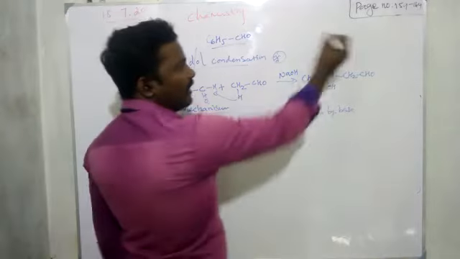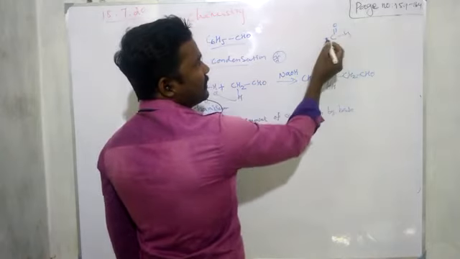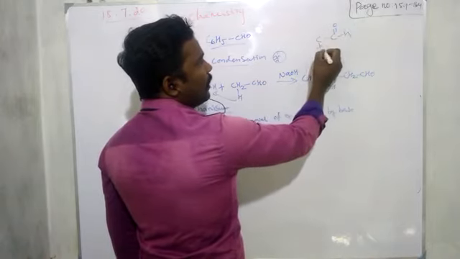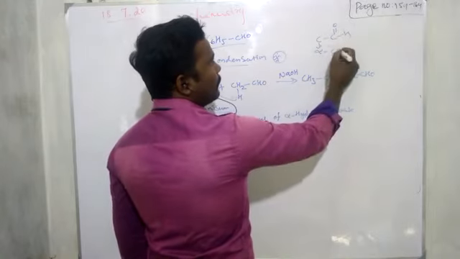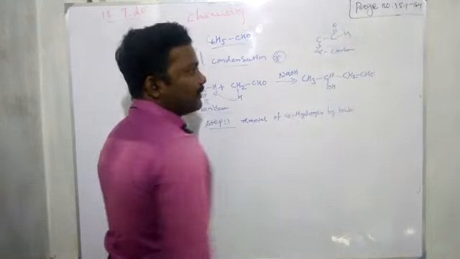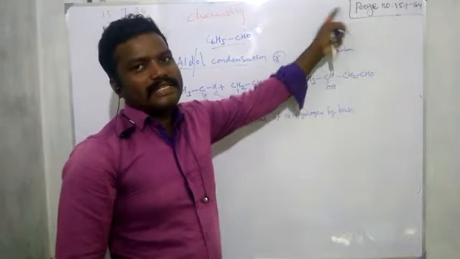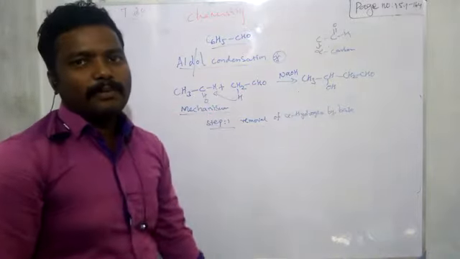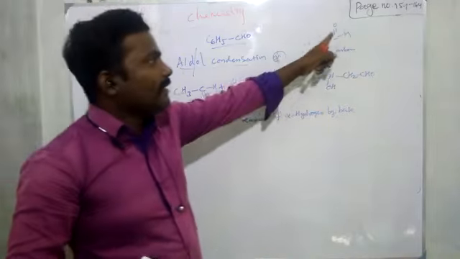Yes, where the functional group, for example a C=O group, is present, the adjacent carbon is called the alpha carbon. Very important. Listen, my dear students. The functional group may be CHO or ketone. So you just remember the C=O group.